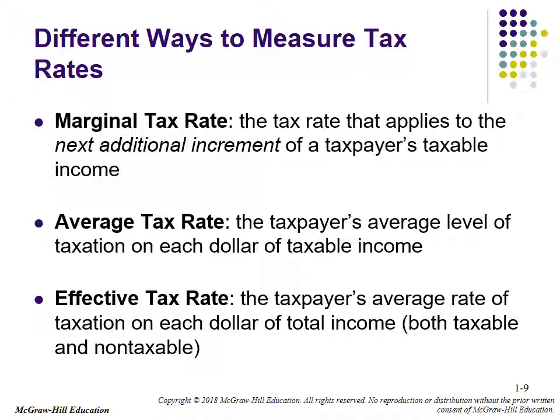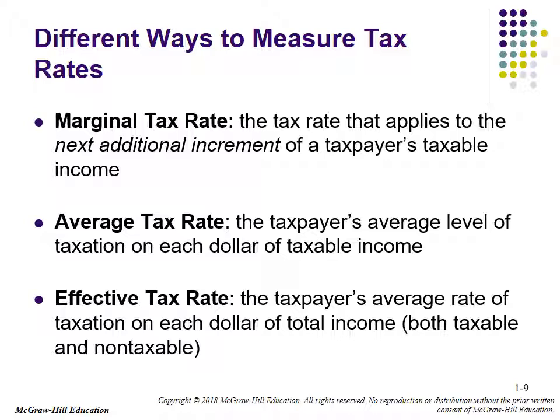So we have different ways to measure tax rates. Marginal is what we refer to as my tax bracket, because that's what your rate will be if you had one more dollar of income. Average is the taxpayer's tax on all their taxable income. What's the average they pay on their taxable income overall?